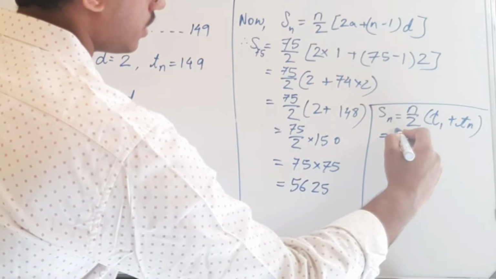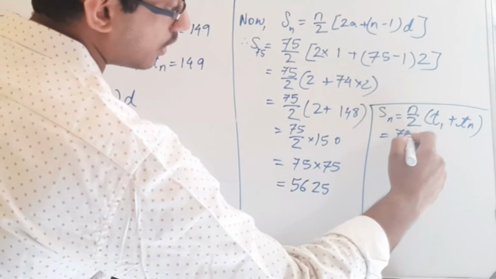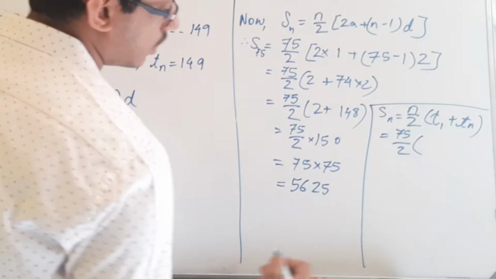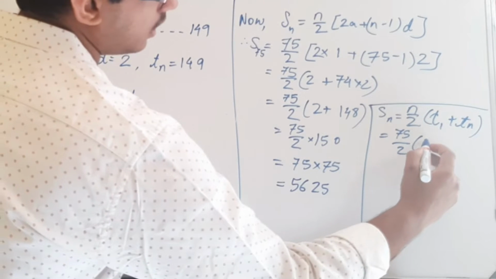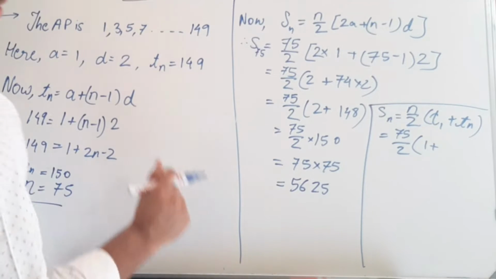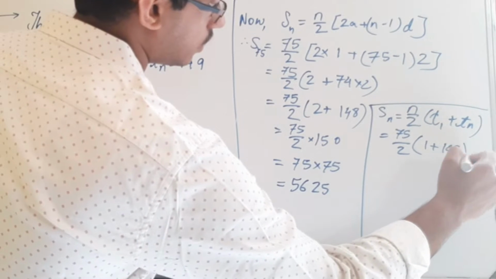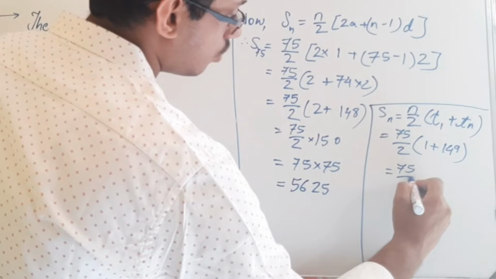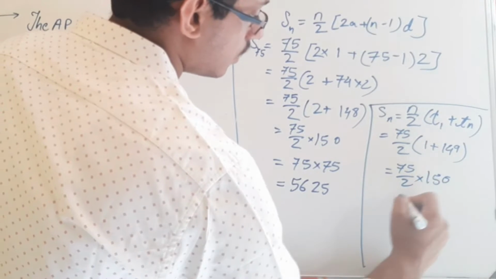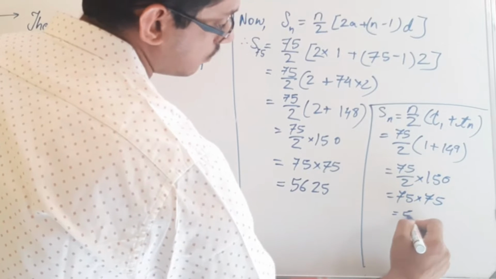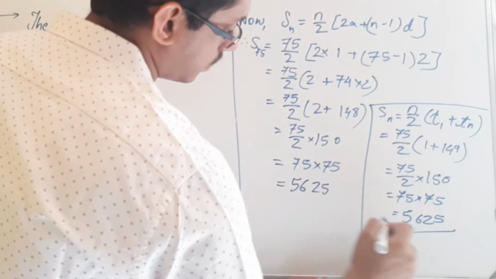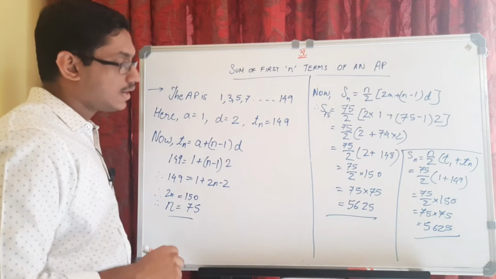Is equals to 75 by 2. What is t1? The t1 is a, which is 1. What is tn? Tn is 149. So 75 by 2 multiplied by 150, which is 75 multiplied by 75, which is 5625. Okay. Then finally write the answer statement.